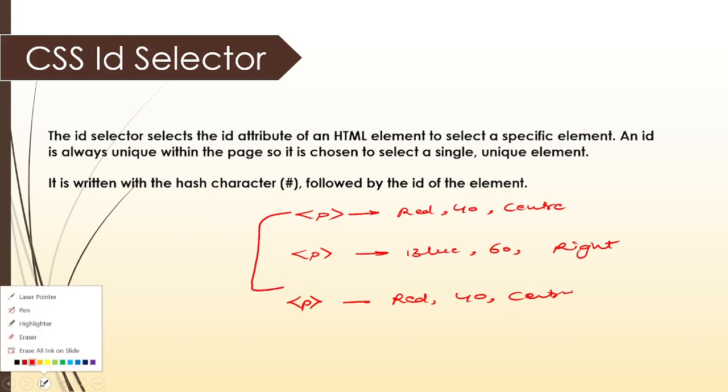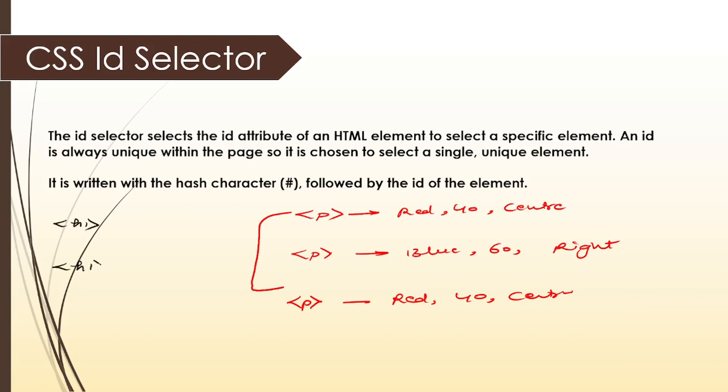Now I have two more tags. The first tag is, let's say, H1 and another tag is again H1. I want this H1 with the same properties and this H1 with the same properties. Only the cascading style sheet ID selector and class selector allow us to make such changes in your HTML page. This is our basic structure, the thing that we are going to do practically.